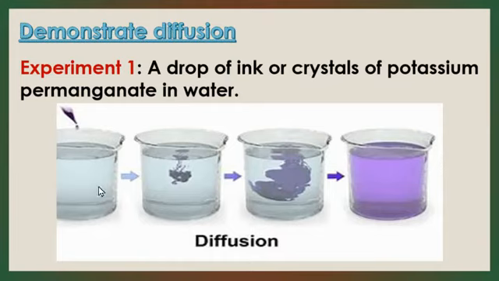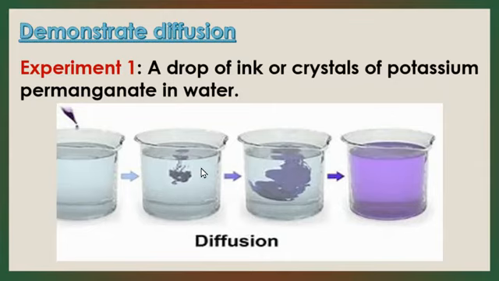This is the beaker containing water, and few drops of ink or potassium permanganate solution are dropped into the beaker, and this is a stage where it begins to spread. And here it is spreading gradually. So the molecules are now moving from this region to a region of lower concentration.